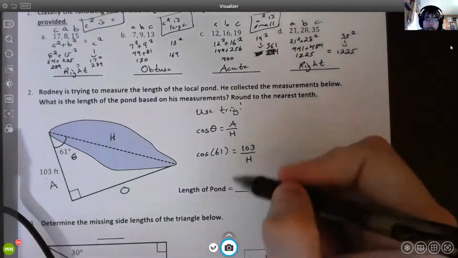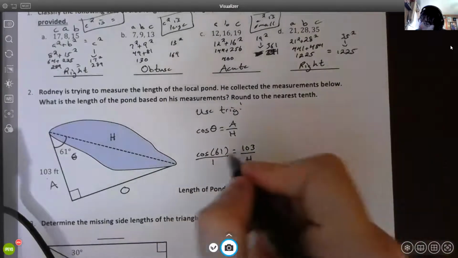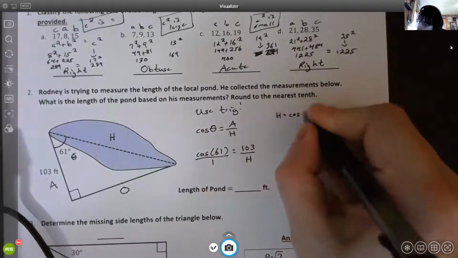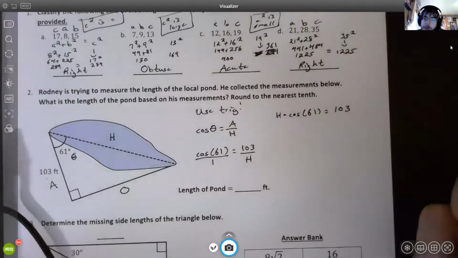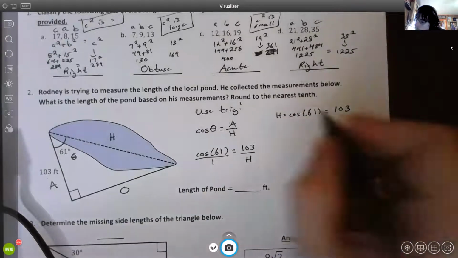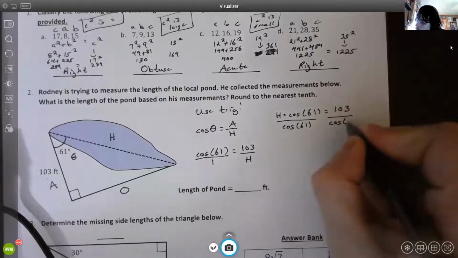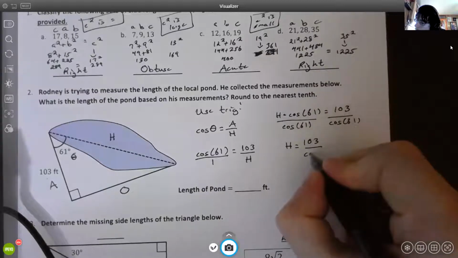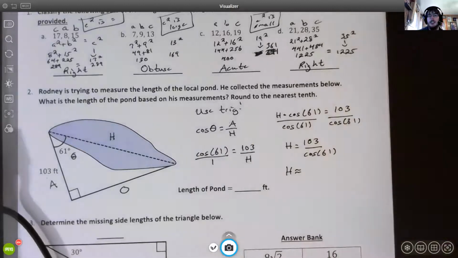Since we have the angle measure and we're trying to solve for h, we're going to place this over 1, then cross multiply, and when we do that, we get h times cosine of 61 is equal to 103. We need to get rid of this cosine of 61 because it's being multiplied by the h, so we divide both sides by cosine of 61. And we find that h would be equal to 103 over cosine of 61.